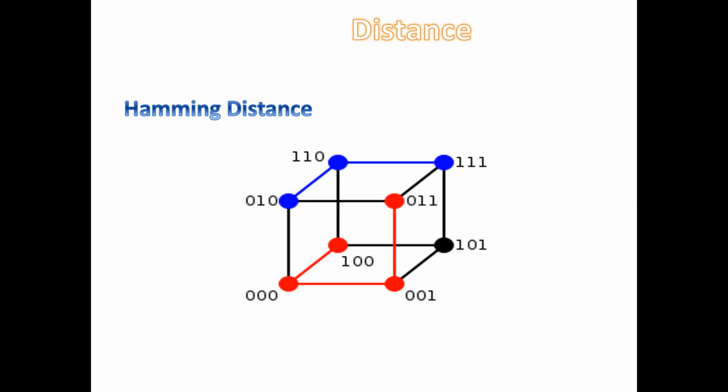Like 0, 0, 0 and 1, 0, 0, 0, 0, 1, and probably this 0, 1, 1. The red lines are one distance away, and 0, 1, 1 should have been black. It is two distance away. 1, 0, 1 is also two distance away, and so on. So Hamming is also using these perpendicular lines in the context of a cube to measure the distance. Just hold for a minute.